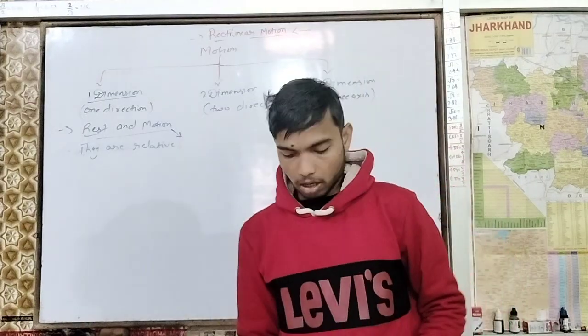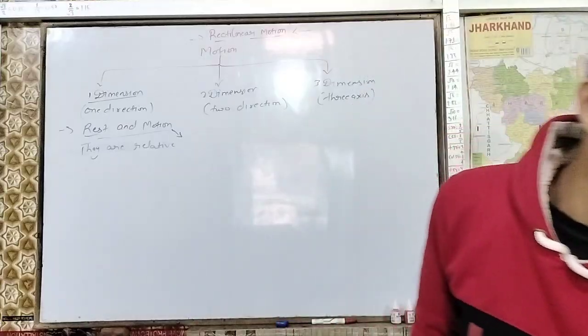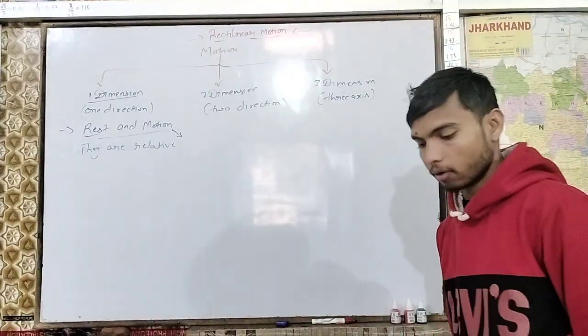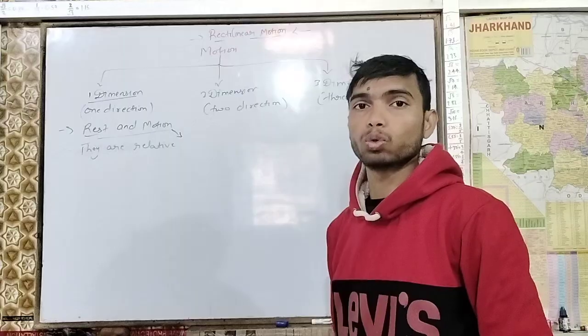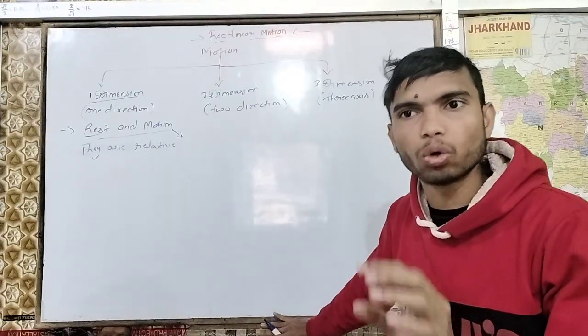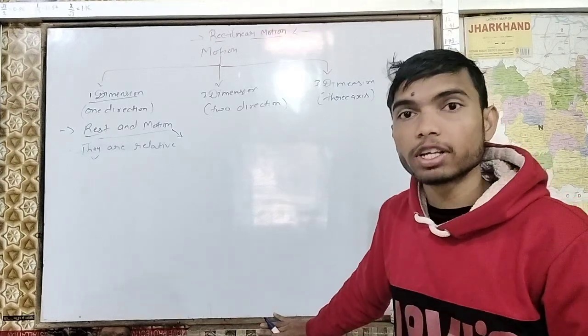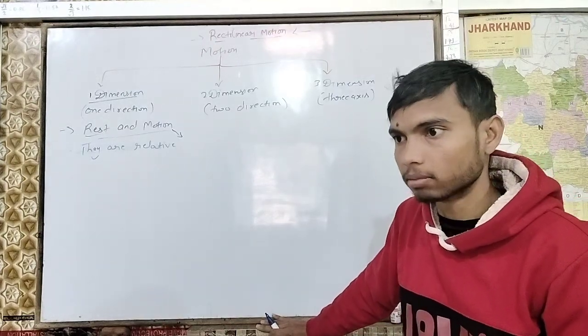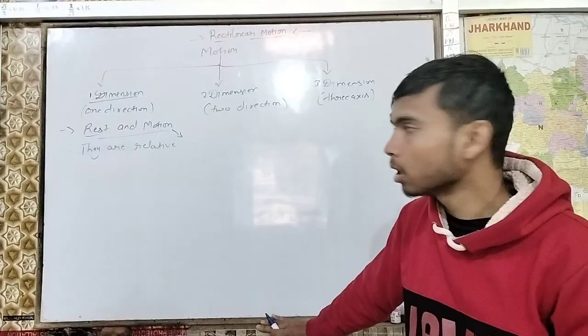Remember, rest and motion are relative. Relative means we need to see the importance of having an observer. The observer will help us analyze whether the object is at rest or in motion. But a reference point is compulsory. Again and again, I am repeating it: reference point or observer.